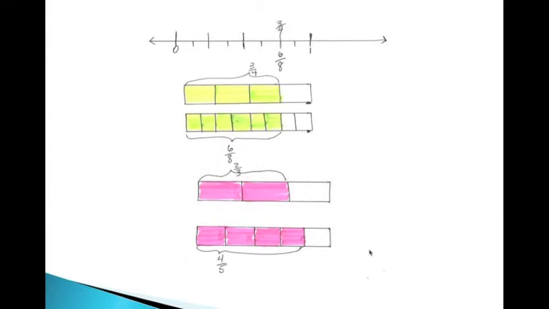So here we have 2/3 and 4/5. You can see why 4/5 is not equivalent to 2/3. When you divide it up into fifths and divide it up into thirds, it's a different amount, different size pieces.